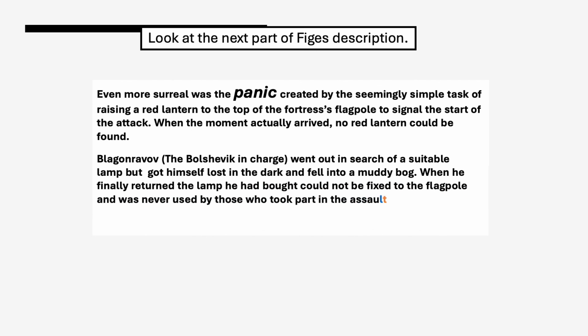What this essentially tells us is that one Bolshevik, the Bolshevik in charge, went out in search of this lamp. Figes says that he got lost in the muddy bog and couldn't find the lamp, but only one. So was there really a panic, or is this Figes' spin on the story?